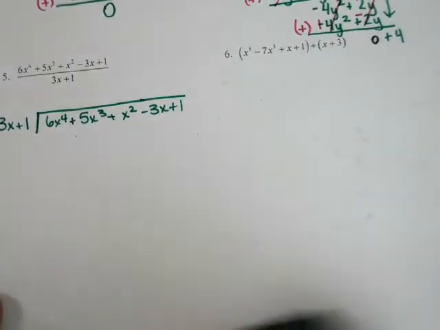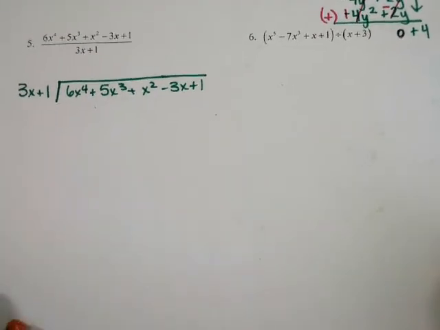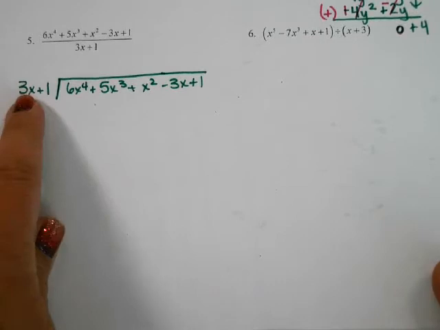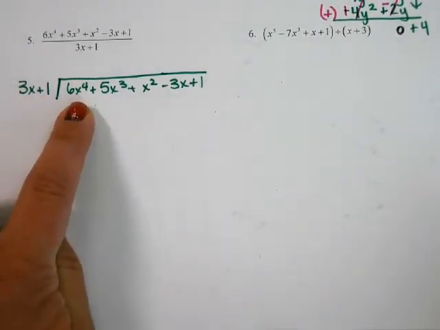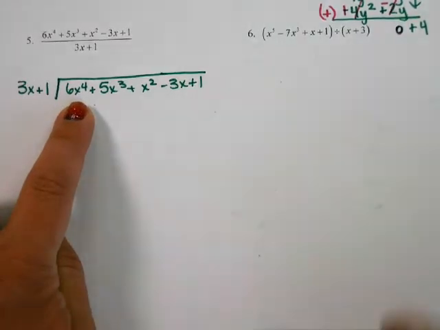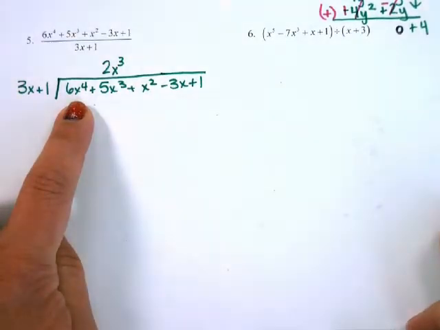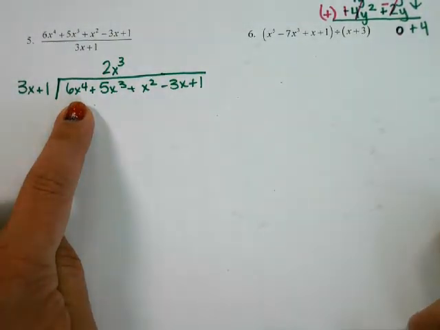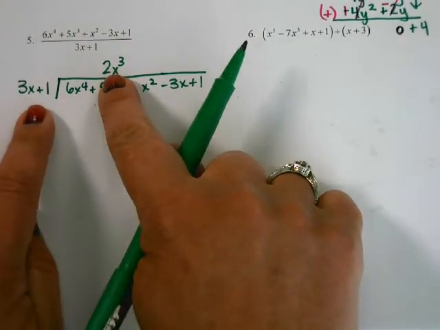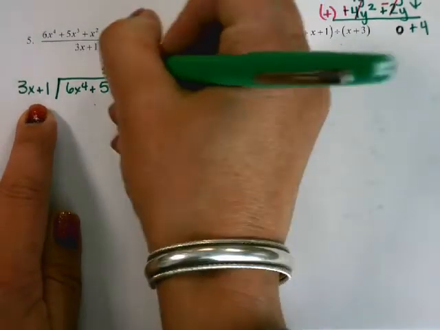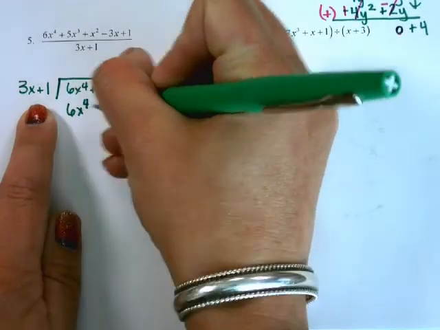Okay, so we got them all set up. What do I multiply 3x by to get 6x to the 4th? 2x to the 3rd. Perfect. Multiply the guy on top by both things out front. So 2x to the 3rd times 3x gives me 6x to the 4th.